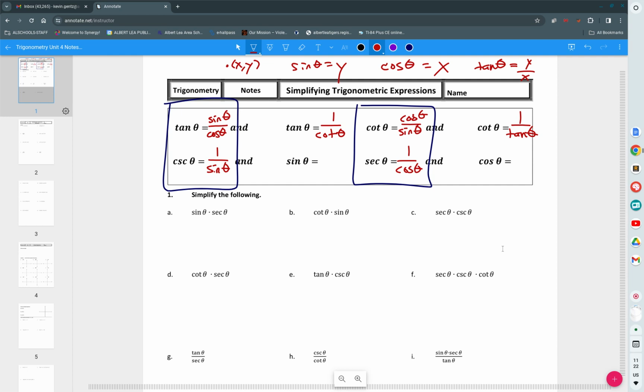We like the one that involves sine and cosine. We don't like the other. Are we good with that? Okay. And then we also know that sine is the reciprocal of cosecant and cosine is the reciprocal of secant. So we have 1 over cosecant and 1 over secant. We are not going to use those 2 today. We're going to use the other ones that say cosecant equals and secant equals.